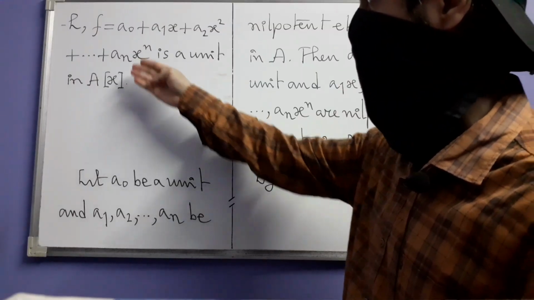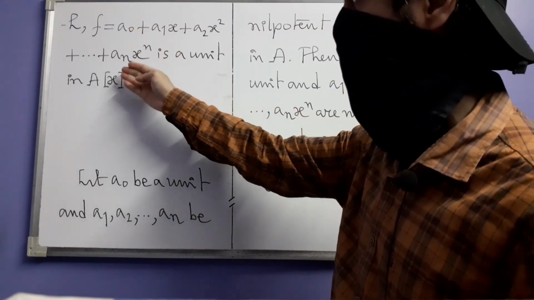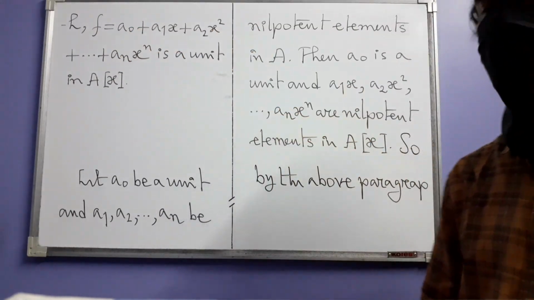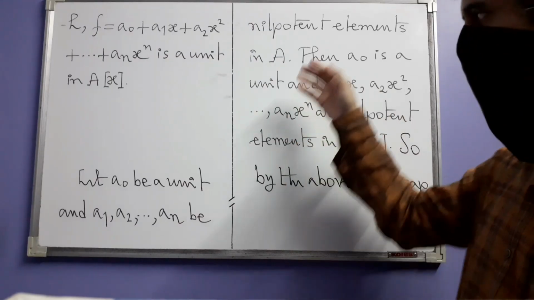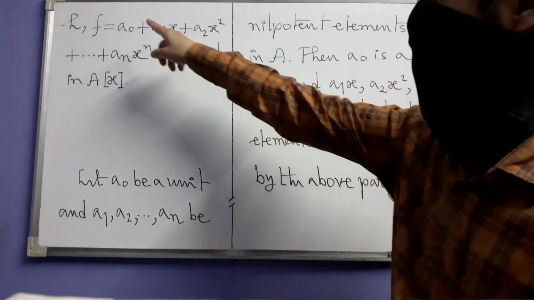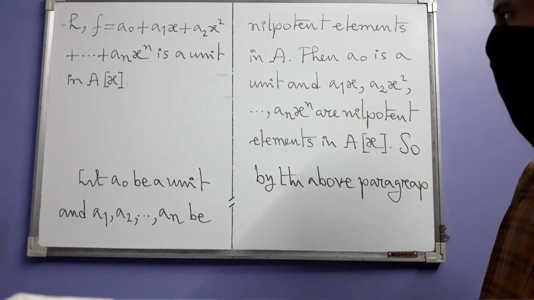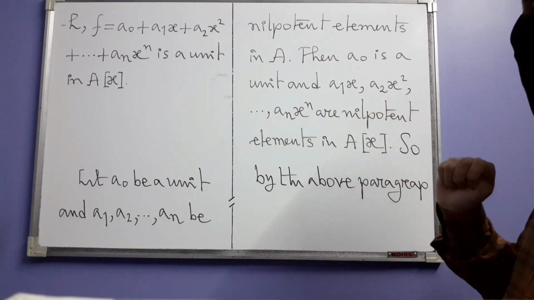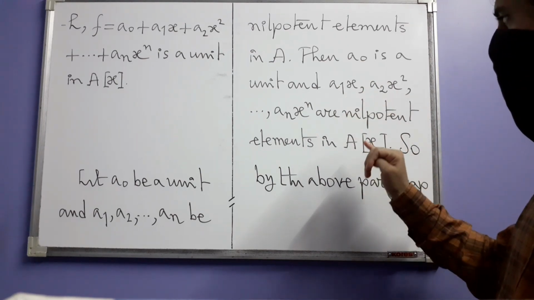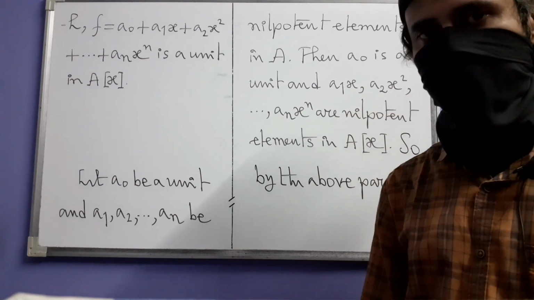You can just simply write a naught plus dot dot dot plus an x to the power n. But to see what is going on and how this conclusion can be drawn from what we did here, we have these first 3 elements. So what did we say here? A naught is a unit in A[x] and a1x is a nilpotent element in A[x].